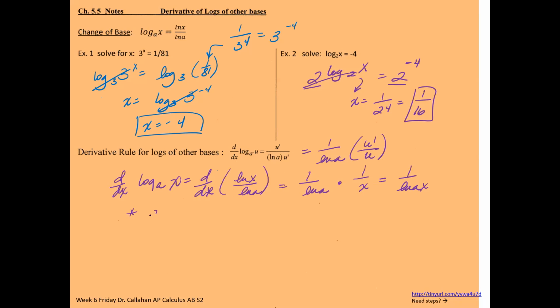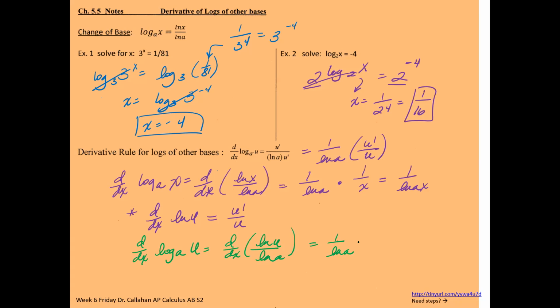And also, if you recall, the derivative of ln u is equal to u prime over u. Similarly, the derivative of log base a of u is equal to the derivative of ln u over ln a, which is the same thing as 1 over ln a times u prime over u.